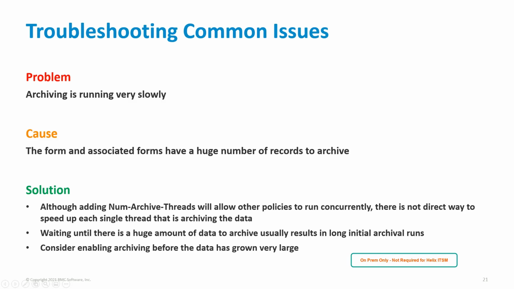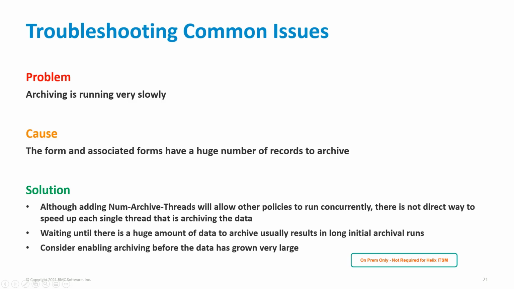Waiting until there's a huge amount of data to archive usually results in a long initial archive run. So the first time that the archiving runs could be a very long time. And that's one thing that I want to tell you today: don't wait until you have huge amounts of data. This is something that can be just started right away.